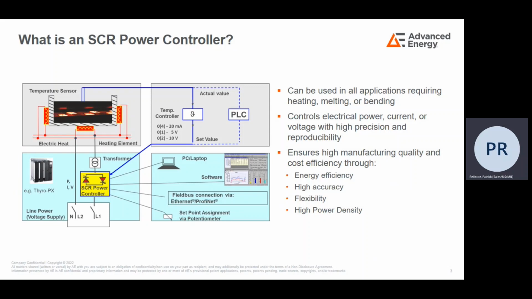This could be a PLC or temperature controller. The PLC or temperature controller compares this value with the target temperature and adjusts the set point to the SCR power controller either up or down, telling it to apply more or less power to the heating elements. This set point can be analog or digital, utilizing bus communication.